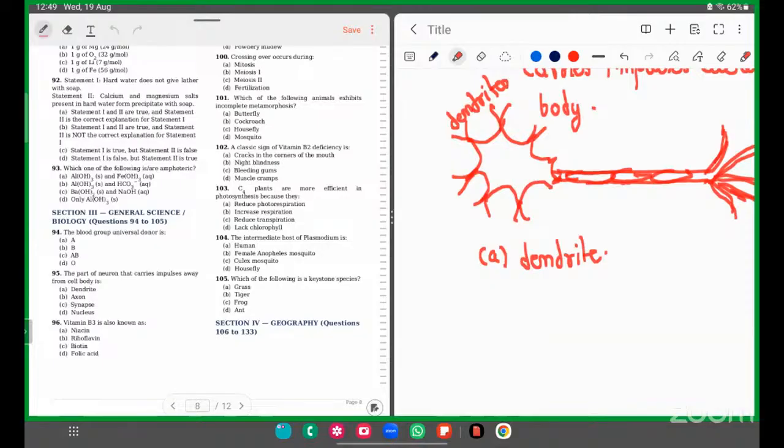So, sorry, these are called dendrites. Let's first make the diagram of everything.